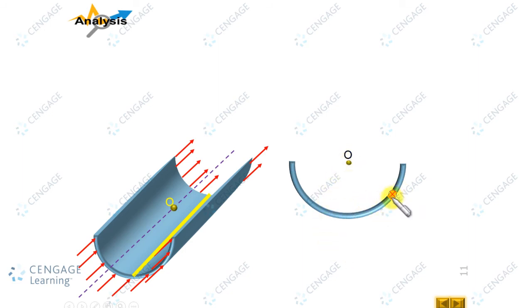Angular position of this elemental wire is theta, and theta is measured with respect to the vertical line. So let us join O with this wire, and this angle is theta. Let the angular width of this elemental wire be d theta. That means the length of this elemental section should be equal to r, the radius, multiplied by d theta. So this is the length.